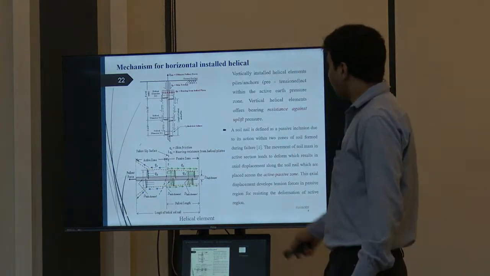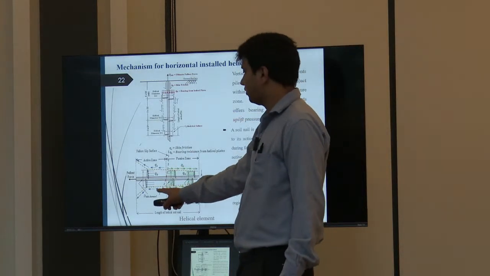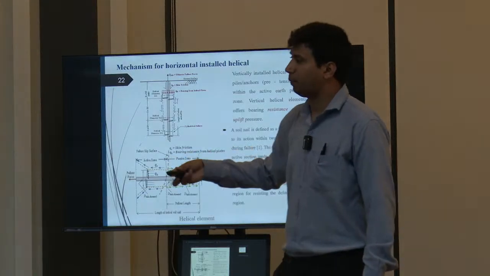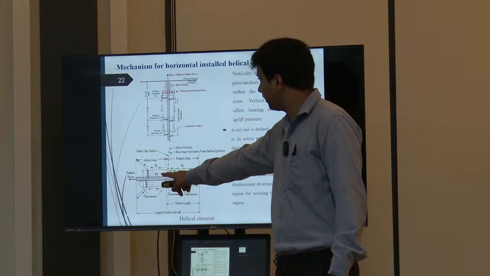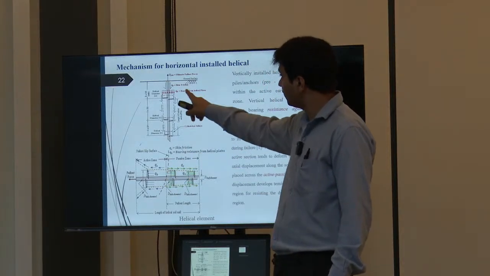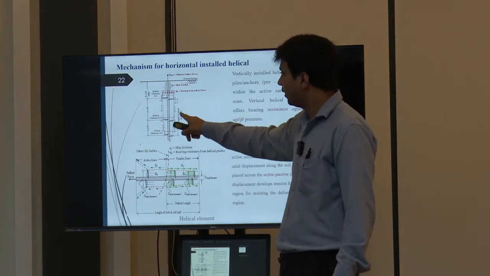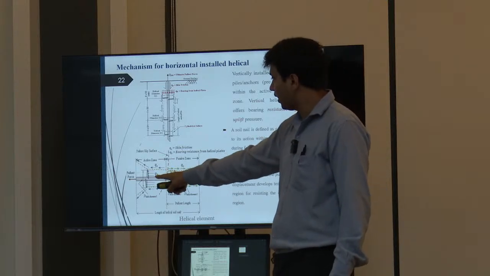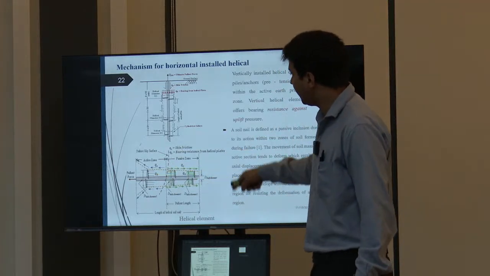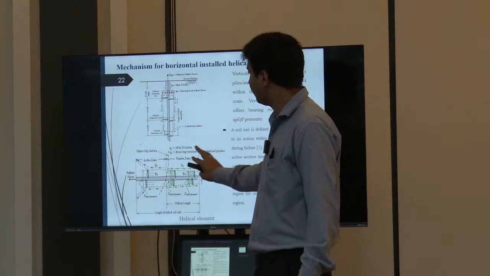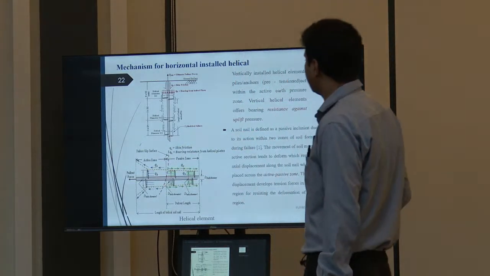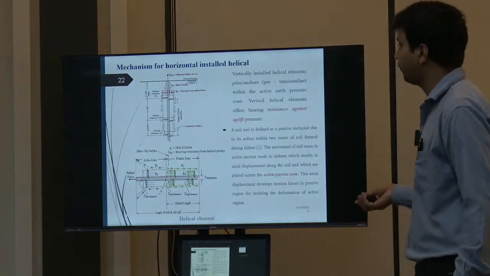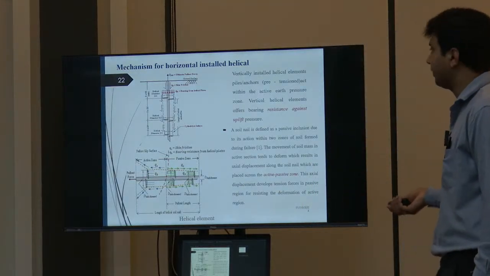However, the nail is a passive element installed between two layers, the active and passive zones, and it offers different resistance when there is a displacement in this section. This is the very basic difference between the helical nail and the helical pile.